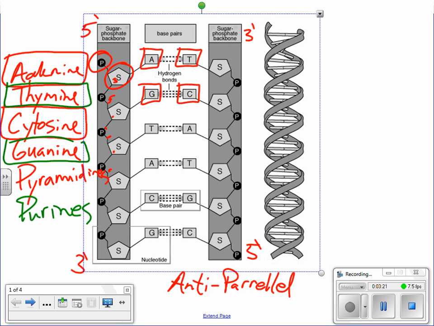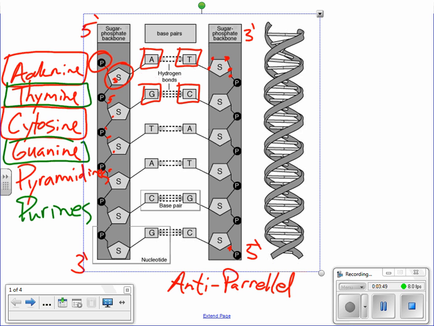What do I mean by that? When we say 3' end, we're referring to the carbon on the top of this strand on the right, which is the 3' carbon. If you go around the whole ribose sugar, you have 1, 2, 3, 4, and 5. So if the 3' end is up, it's running in the 3' to 5' direction.